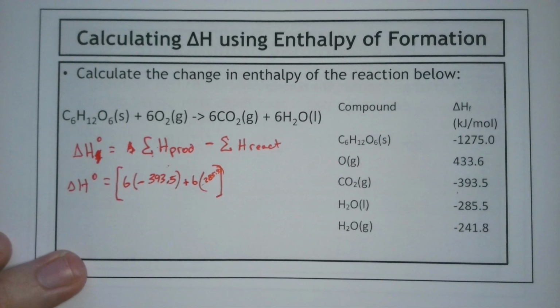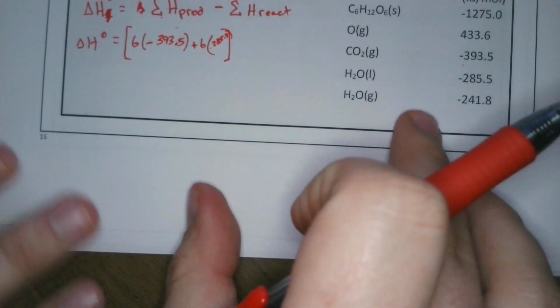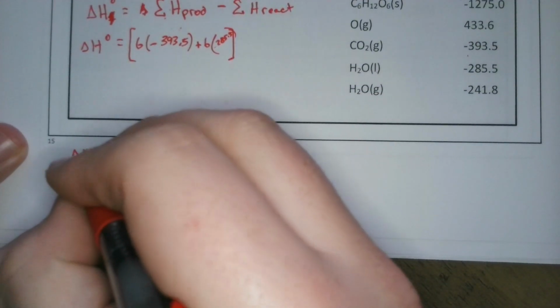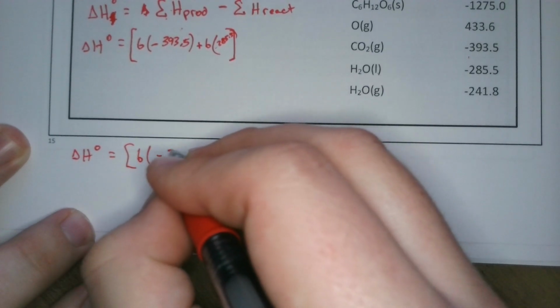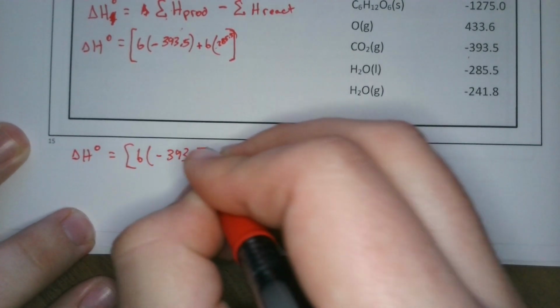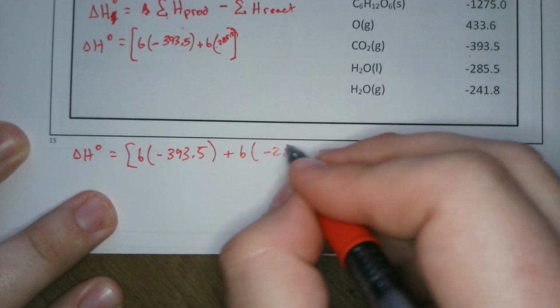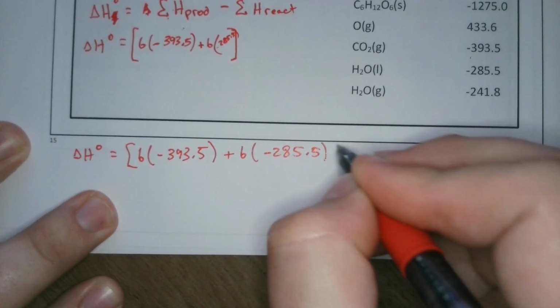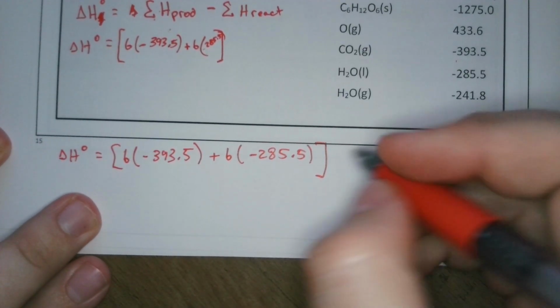Did not leave myself nearly enough room there. In fact, let's use the bottom of our paper. Delta H equals 6 times negative 393.5 plus 6 times negative 285.5. And that's all of my products added up together once I do the math.